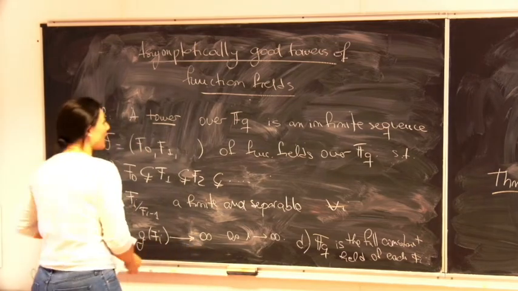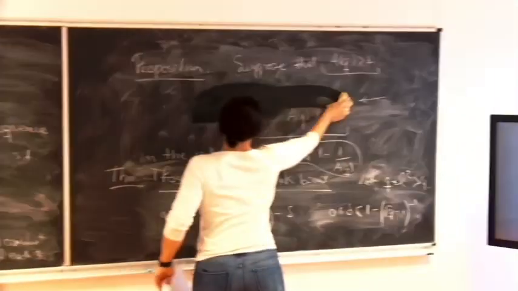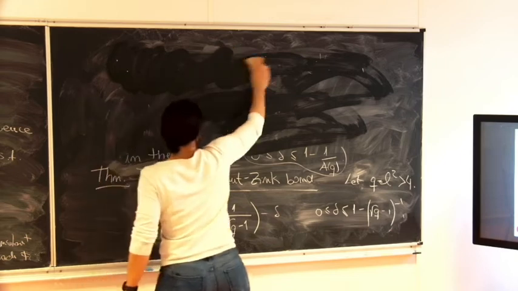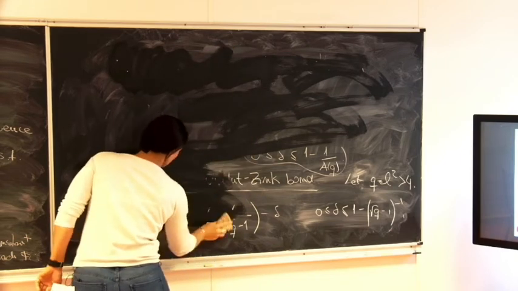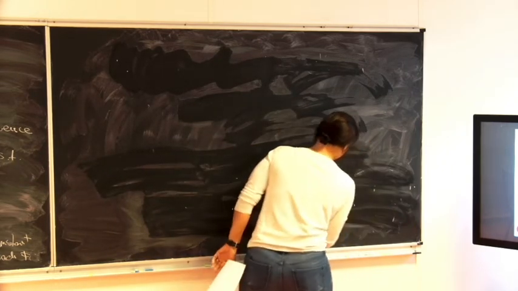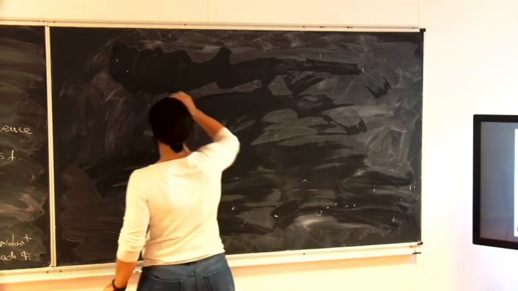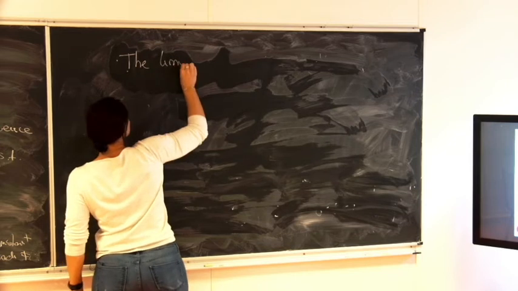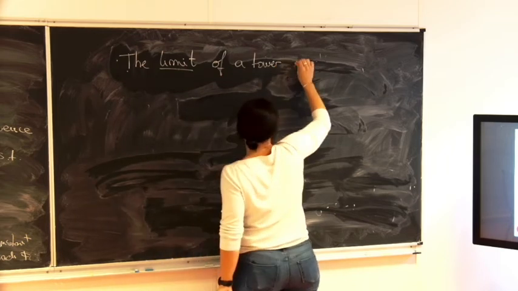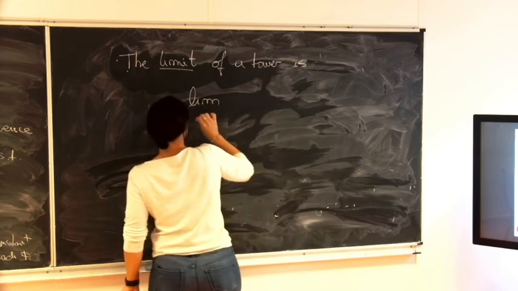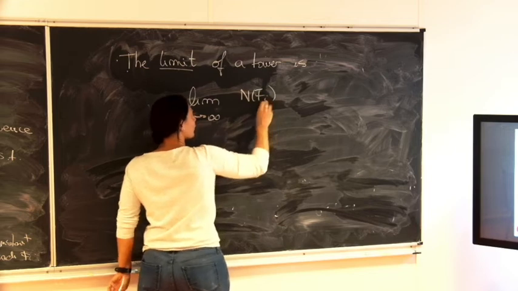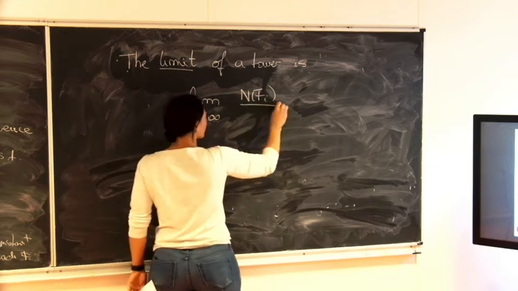And so for towers, what we know is that if we define the limit of the tower, that always exists, it is the limit for i tending to infinity of the number of rational places of each step in the tower over the genus.